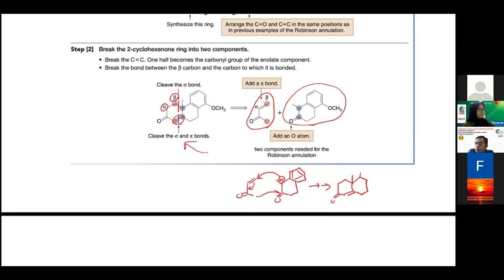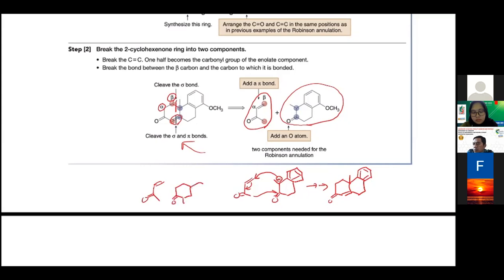Yes, okay. But in this case, we can think that the Aldol, the alpha beta, is activated. The same, no?